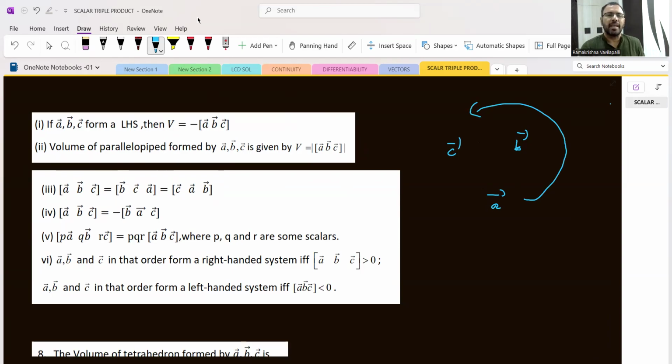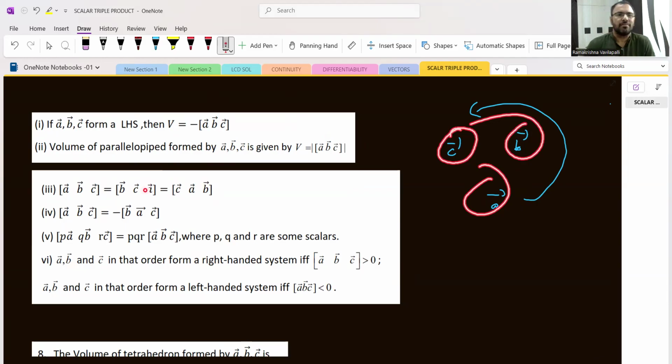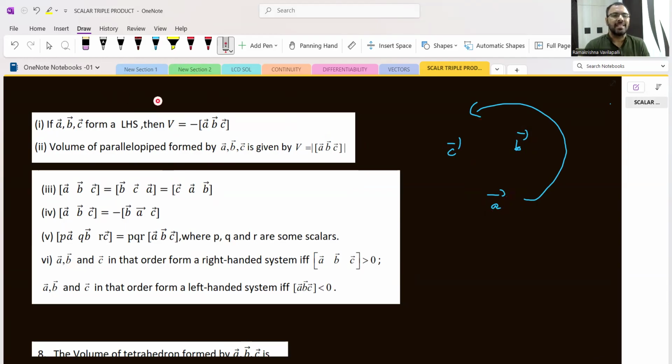If you start from A, then box of A bar, B bar, C bar is the same as B bar, C bar, A bar, or you start from C bar, A bar, and B bar. Those are equal. If you interchange any two vectors in the box, then you will get negative. Like if you interchange any two rows in a determinant, the resultant determinant has the value negative of the given one, right?